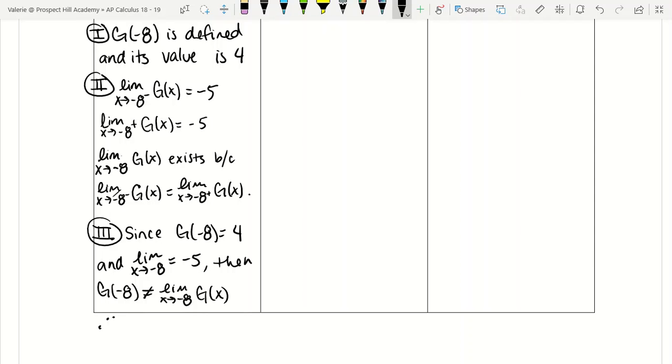Therefore, g of x is not continuous at x equals -8.